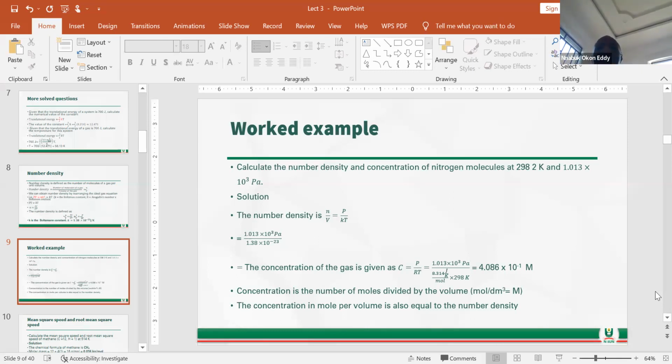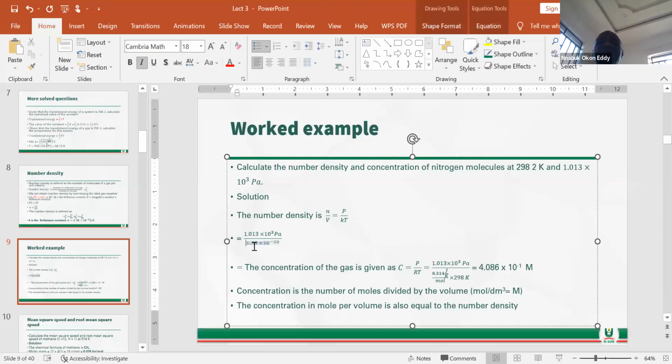The Boltzmann constant is 1.38 times 10 raised to the power of minus 23. When you multiply that with the temperature, you'll be able to calculate the number density.